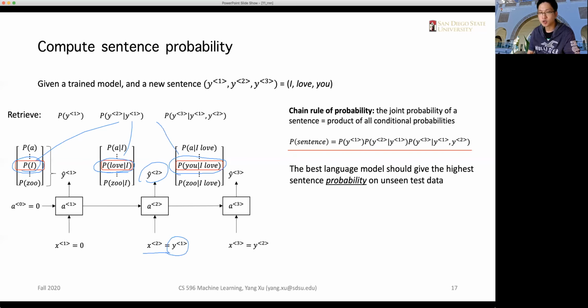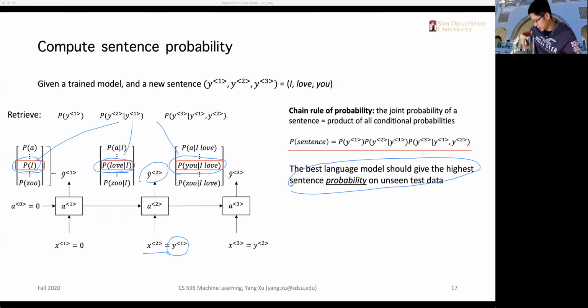Okay, so now it's time to estimate the probability, and the best language model should give the highest sentence probability on unseen test data. That is the principle we use to measure the performance of a language model, right?